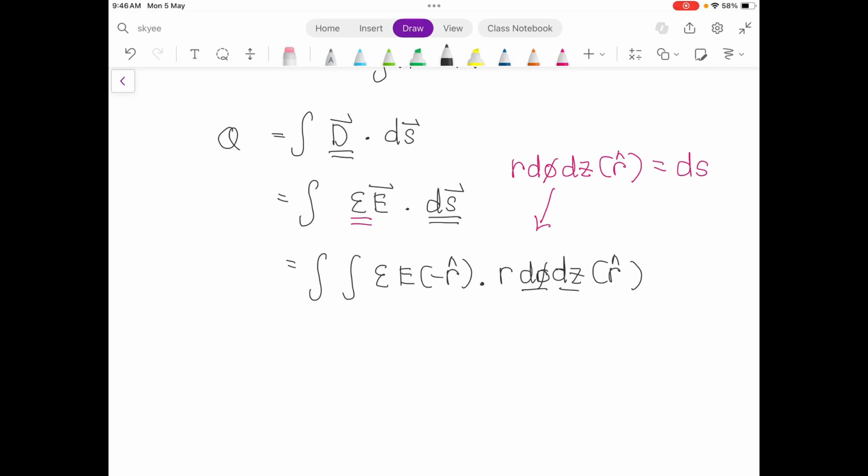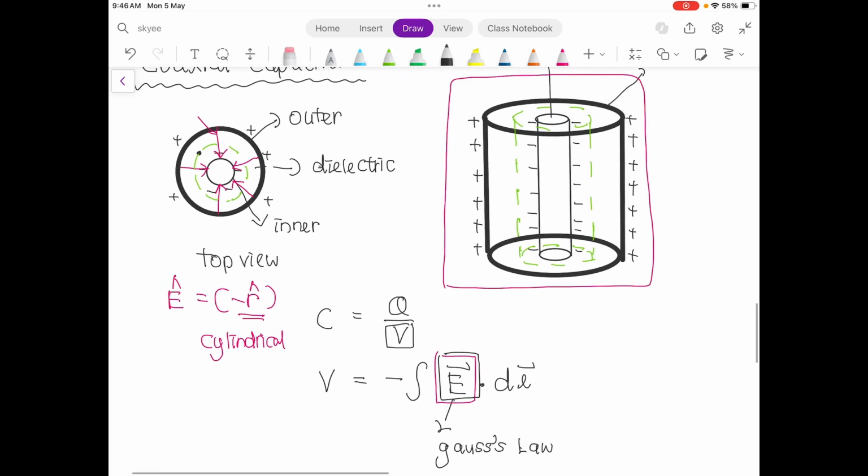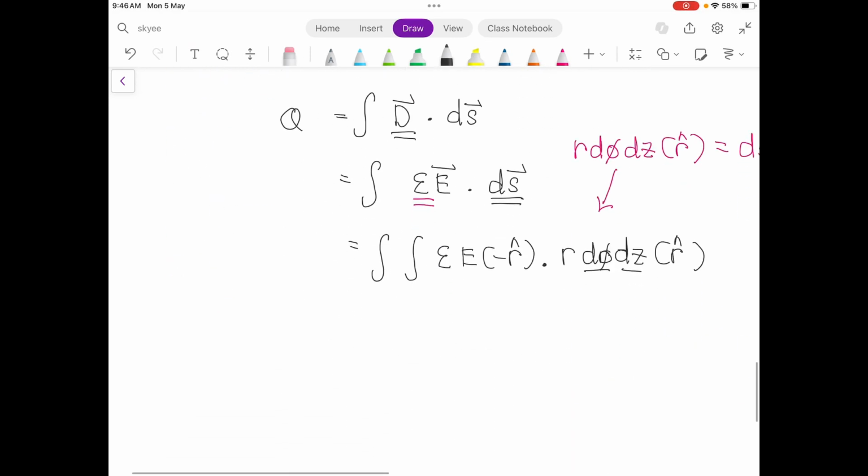For φ, it represents the angle of rotation of the cylinder. It will rotate 360 degrees, so it will be from 0 to 2π, and this dz represents the height.